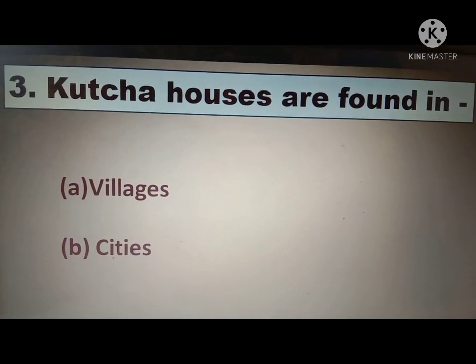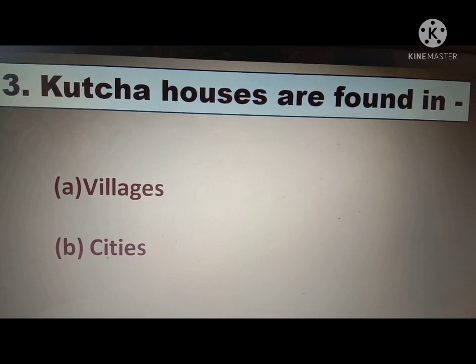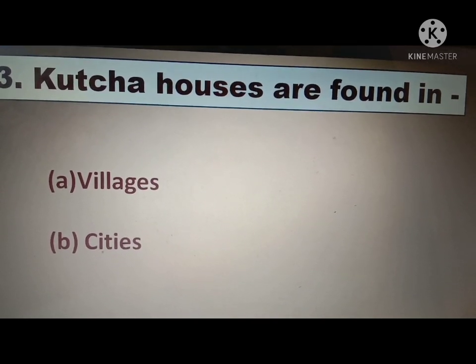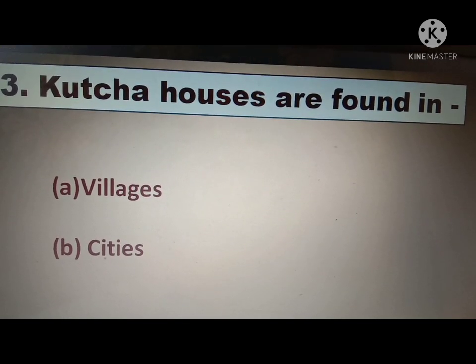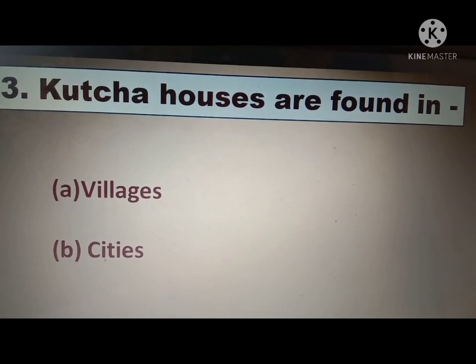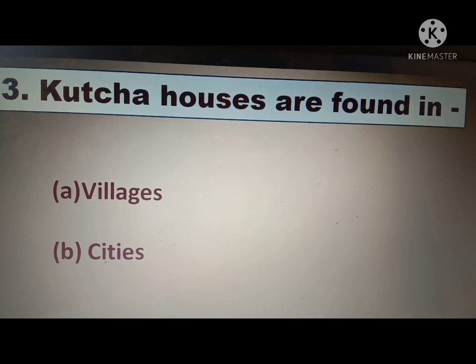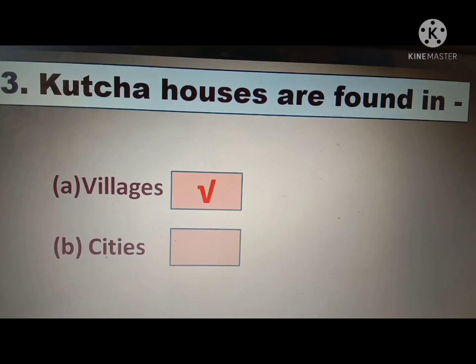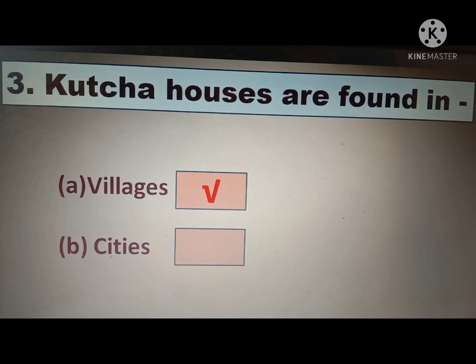Now what is the next question? Next question is question 3. Kacha houses are found in villages, cities. Where do you get these houses? Yes children, you will see these kinds of houses in villages. So villages is the right answer. So put a tick in front of villages.